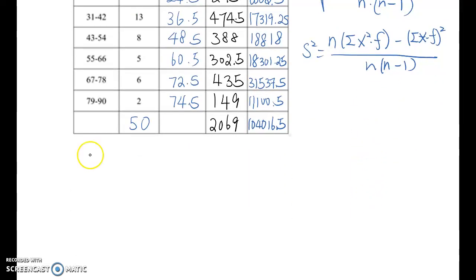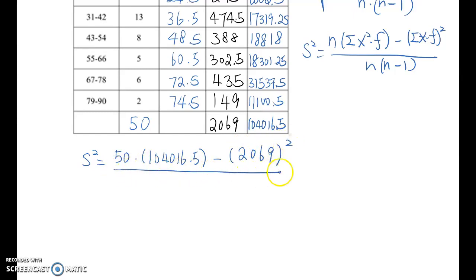Good. Then let's find the variance first. Based on this, s squared equals 50 times 104016.5 minus 2069 squared, over 50 times 49.